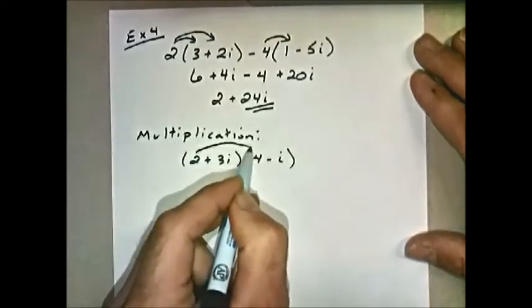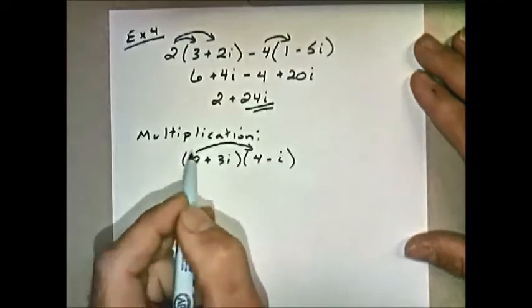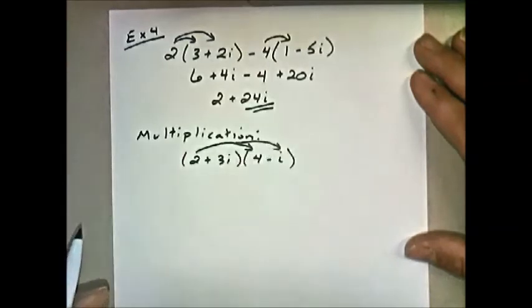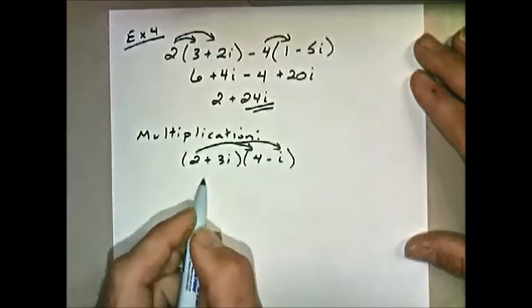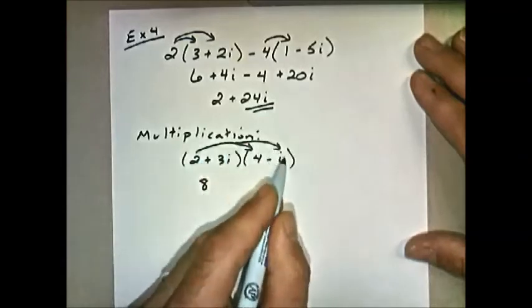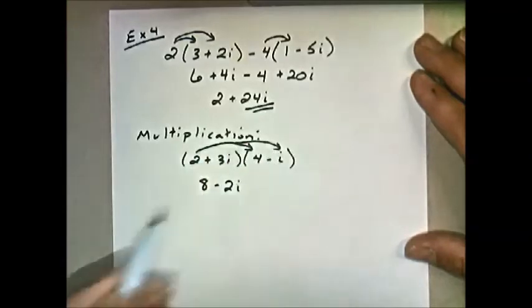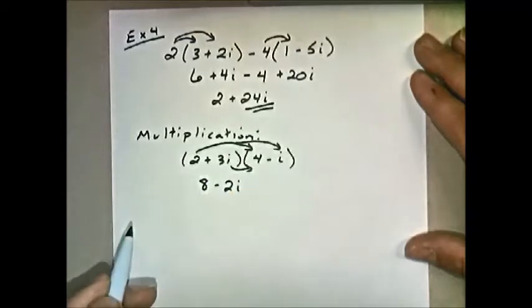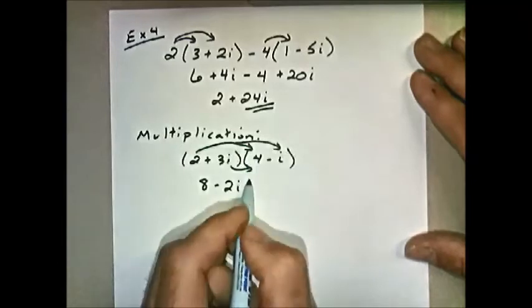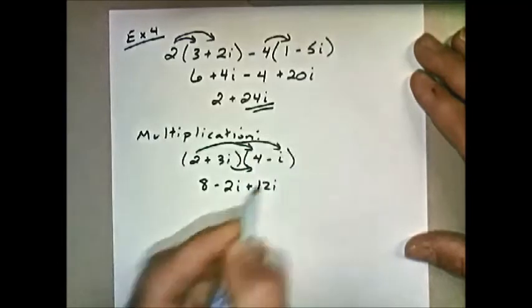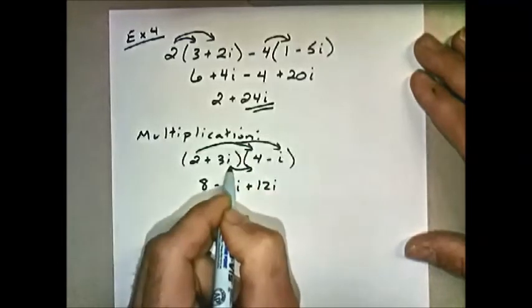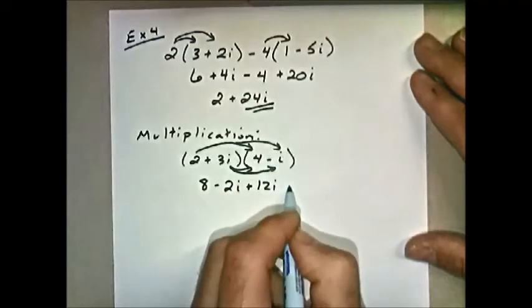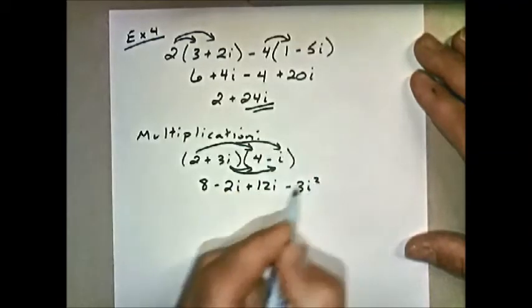We're going to distribute the 2 to each of our terms in the second quantity. So 2 times 4 gives us 8. 2 times negative i is negative 2i. We're going to multiply the 3i to each of our terms in the second as well. 3i times 4 gives us 12i, and 3i times negative i gives us negative 3i squared.